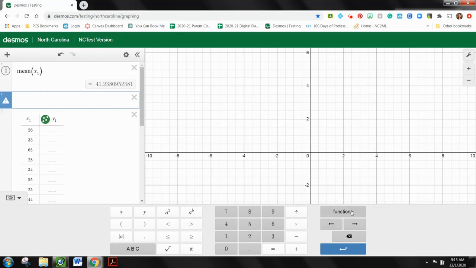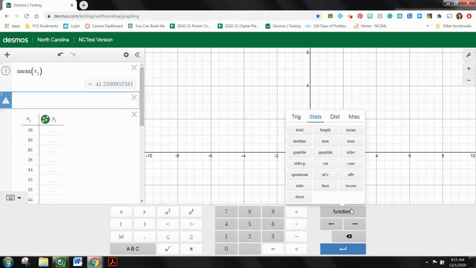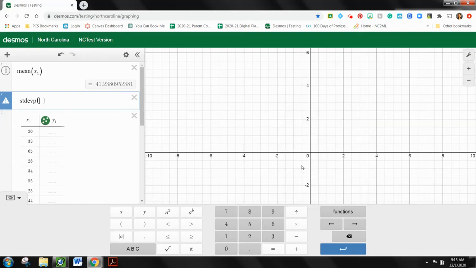And I'm going to come in here and do standard deviation. I'm going to go under function, and we're going to use standard deviation P. What that means is the information that I have in my list is a complete list. I am using the entire list, this entire chunk.